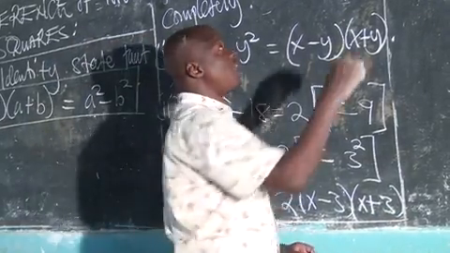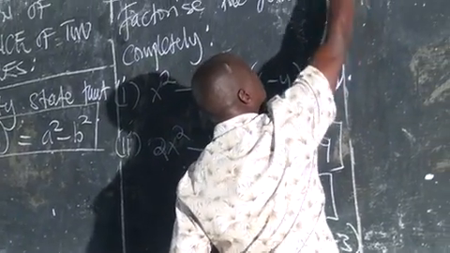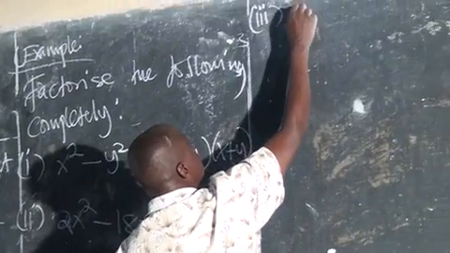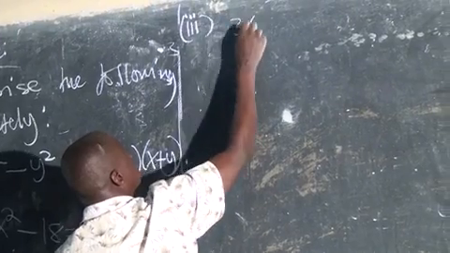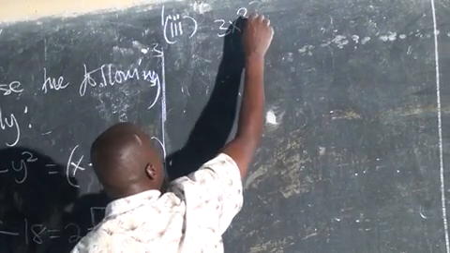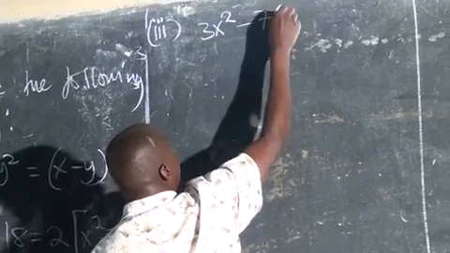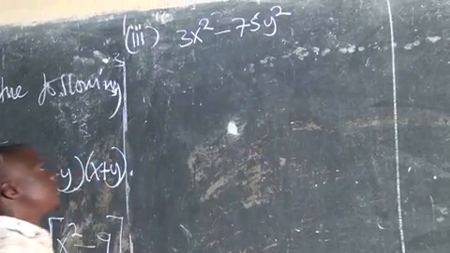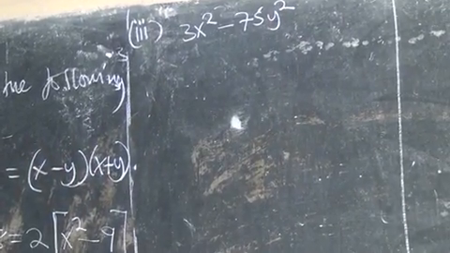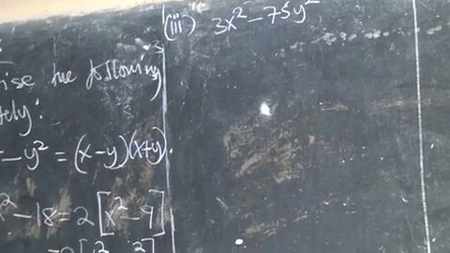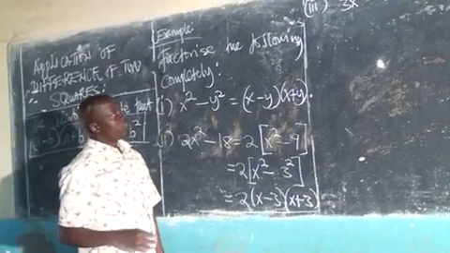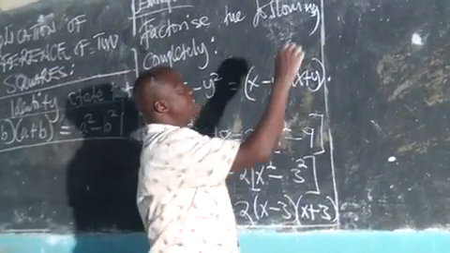We can also have number 3, and that is 3x squared minus 75y squared. There is a common factor when you observe, and that is 3.